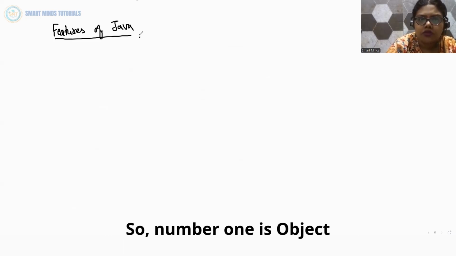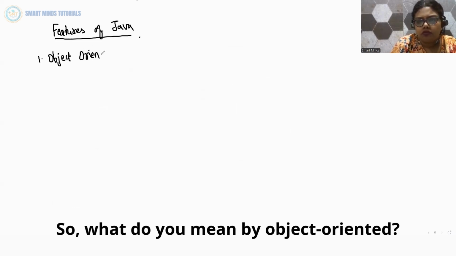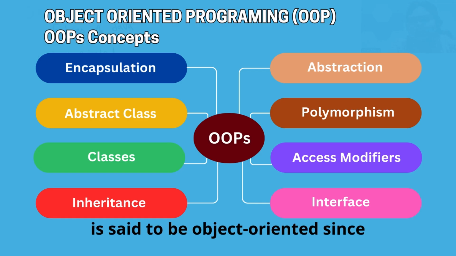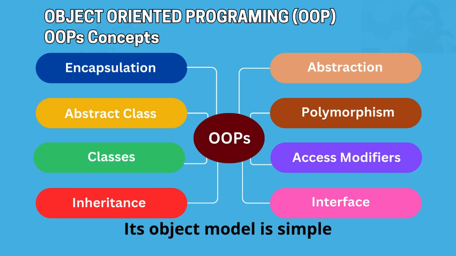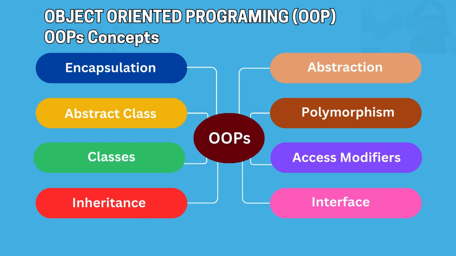Number one is object-oriented. What do you mean by object-oriented? Java is said to be object-oriented since everything in it is object-based. Its object model is simple and it can be easily extended.